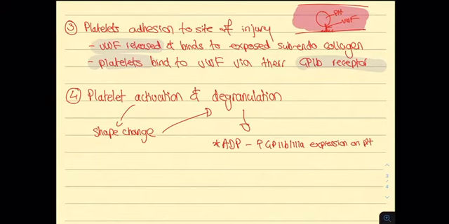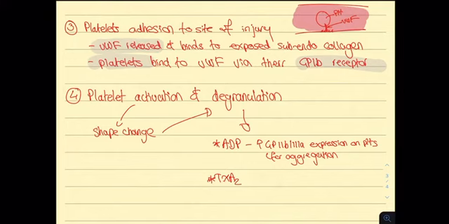The important factors to know are ADP and thromboxane A2. ADP promotes exposure of another receptor on platelets called GP2B3A, which is important for the next step. Thromboxane A2 is also important for the next step.